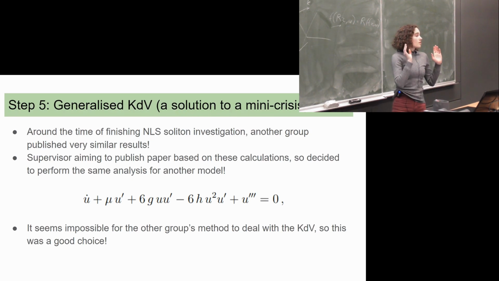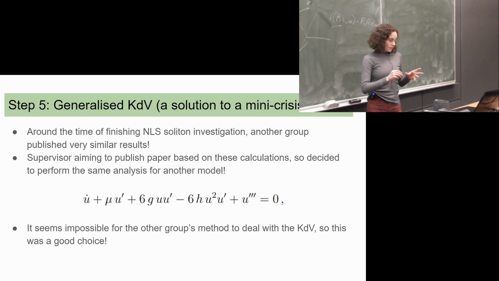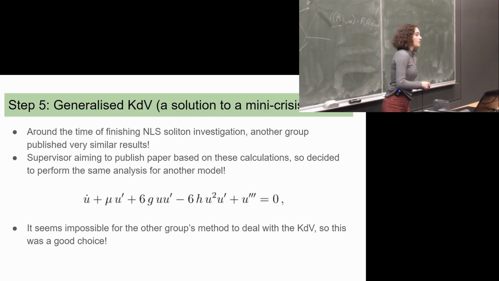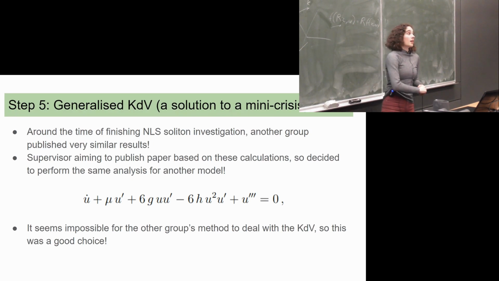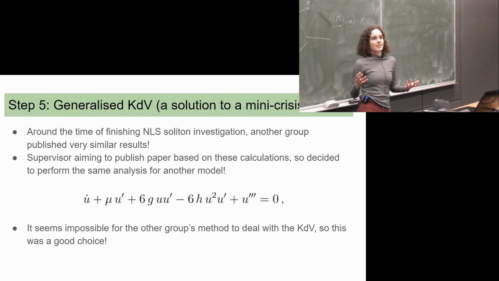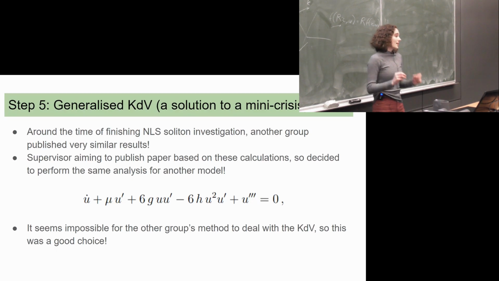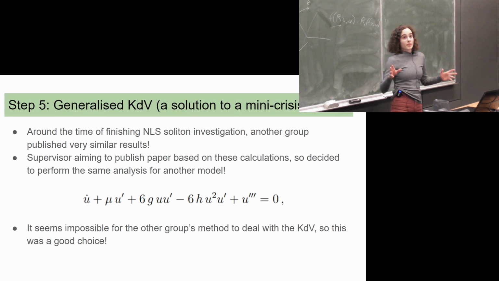With the other group, their coordinate transformation approach was highly dependent on the undeformed theory. So you had to solve a differential equation. And for something like this Korteweg de Vries model, when you basically get the Lagrangian, you will get terms with a fourth derivative in there. So it seems nearly impossible to get the Lagrangian with their method.